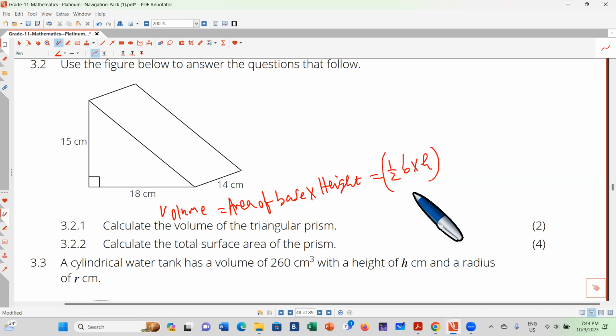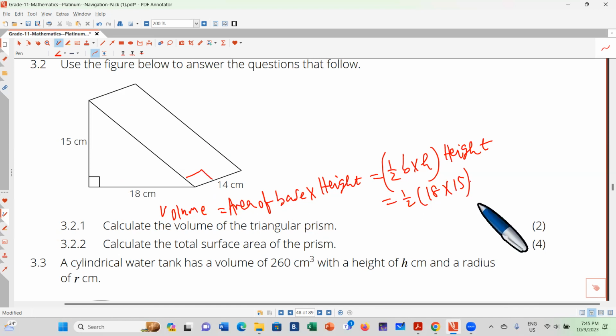So it is half the base. You can take the base to be 15, or you can take the base to be 18. So half the base, which is 18, times the height, which is 15. This one is the height of the prism, which is 14.